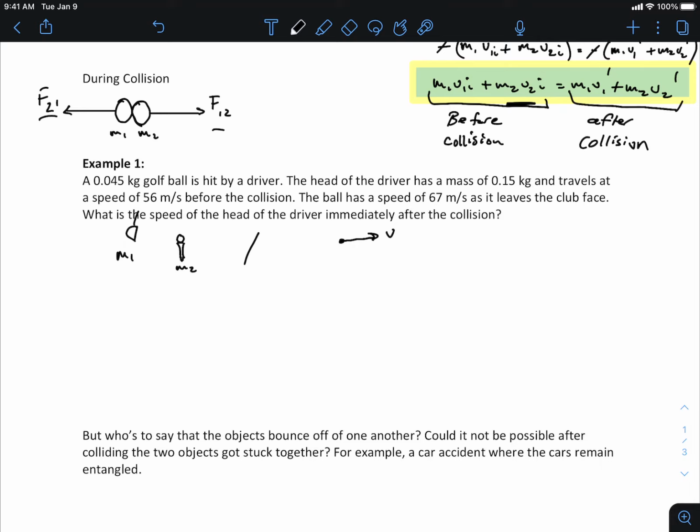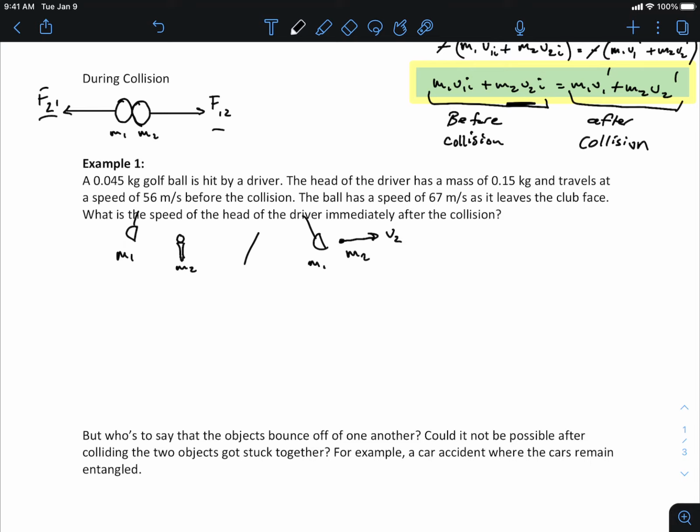The driver is also moving through with some velocity as well. It goes the other way. M1 here and M2 for the golf ball.